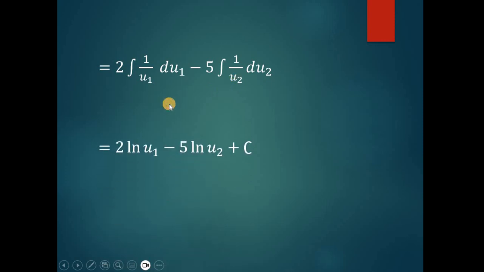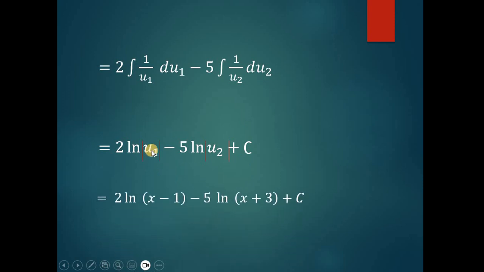We are going to replace our x minus 1 with u1 and our x plus 3 with u2. So when we integrate 1 over u1, we are going to have natural logarithm of absolute value of u1. And when we integrate 1 over u2, we are going to have natural logarithm of absolute value of u2. So when we rewrite this, we are going to have 2 natural logarithm of absolute value of u1 minus 5 natural logarithm of absolute value of u2 plus C, that is the integral constant.